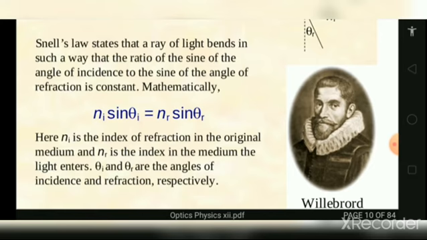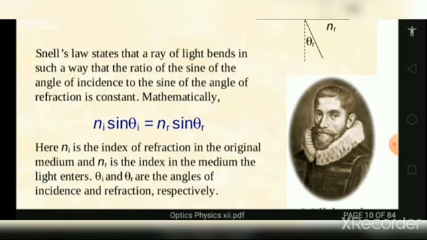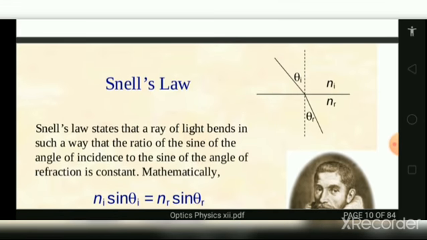But if theta 2 is bigger than theta 1, or in other words n2 is smaller than n1, or sin theta 1 is smaller than sin theta 2, the angle of refraction is greater than the angle of incidence, so the ray of light goes from a denser medium to a rarer medium and bends away from the normal, and vice versa.